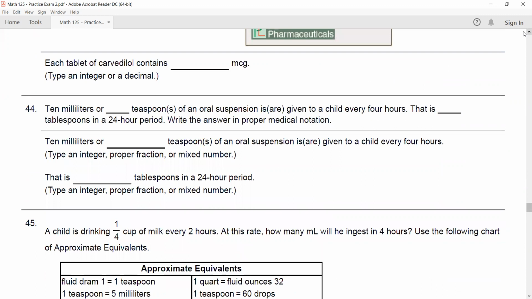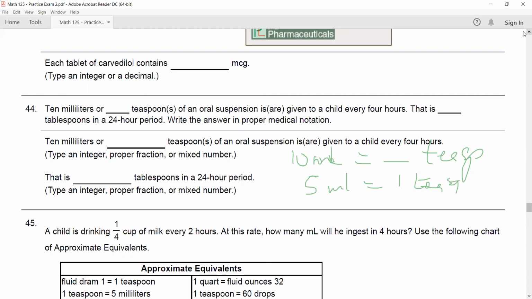If I have 10 ml, it's equal to dash teaspoon. But I know that 5 ml equals what? 1 T.